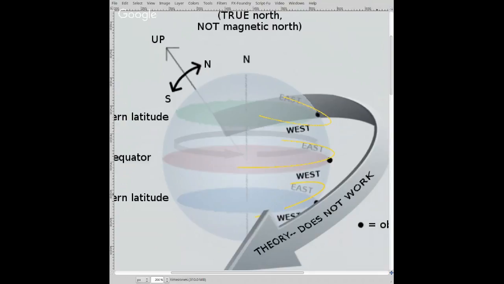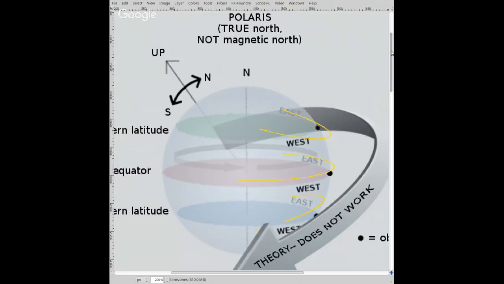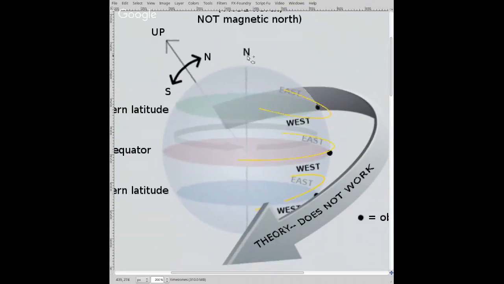So if you were to, say, put a rubber ball and put a stick right through the middle, okay, ball on a stick, that's what we've got here. The stick points to Polaris, okay? That's true north. The stick points to Polaris. And if the ball had, say, like a marble, that sometimes you get marbles, you know, play marbles that have little things on the inside.